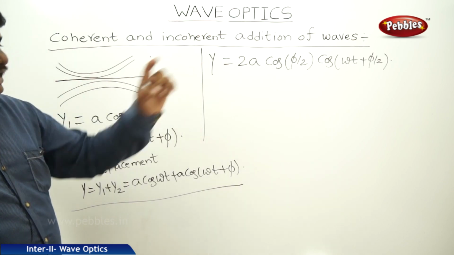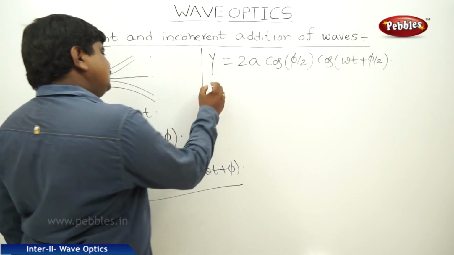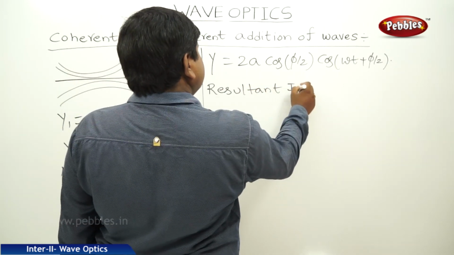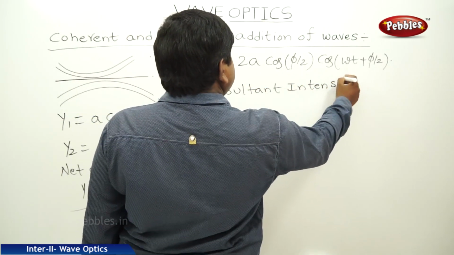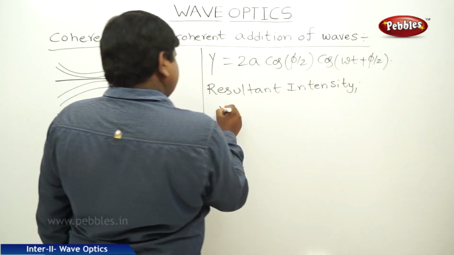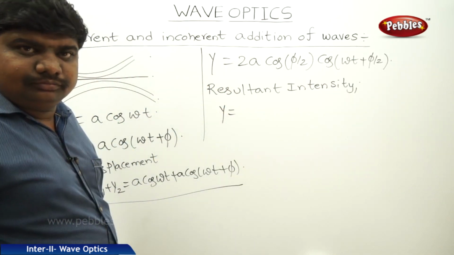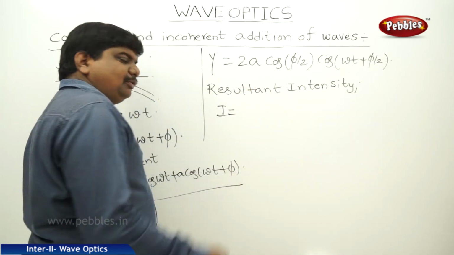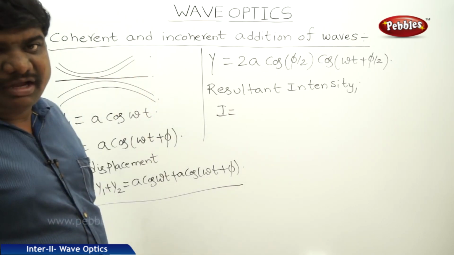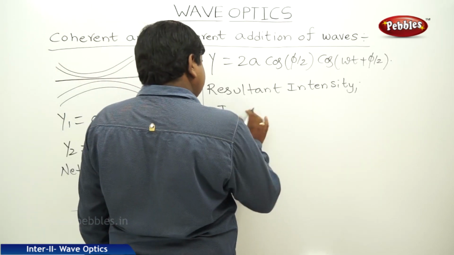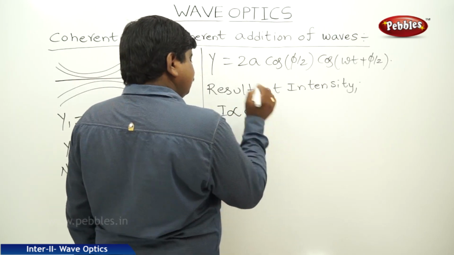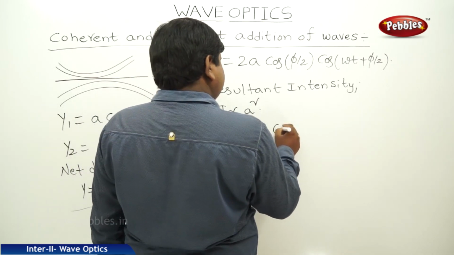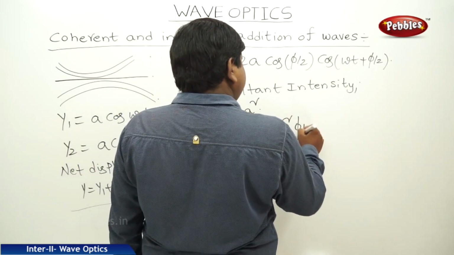So if y is the resultant displacement, what about the resultant intensity? The resultant intensity is defined as I is always proportional to the square of the amplitude factor. Therefore I is equal to 4 I naught into cos square phi by 2.